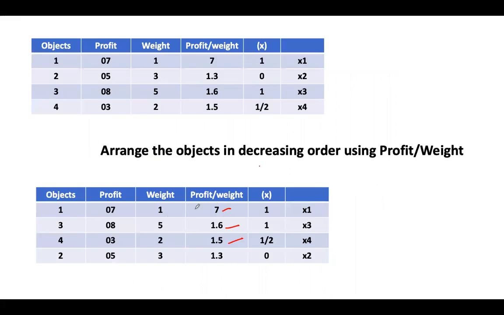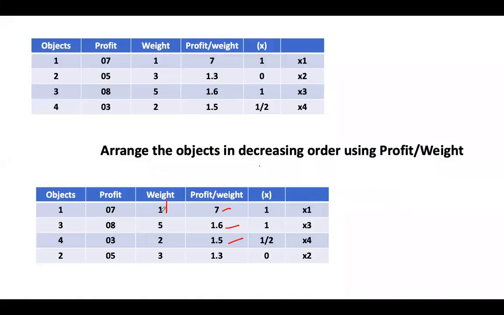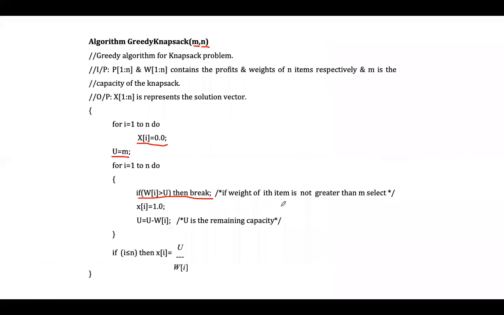That is, the M value is 7 here. W of i is the weight of the first object. That is what we are checking. Is it greater than U? It's not true, so this if condition will not be executed. Then x of i is equal to 1. You can see here x of 1 is 1. It has become 1.